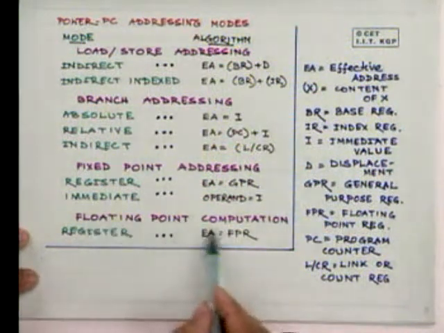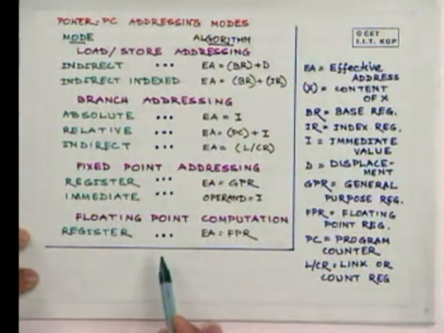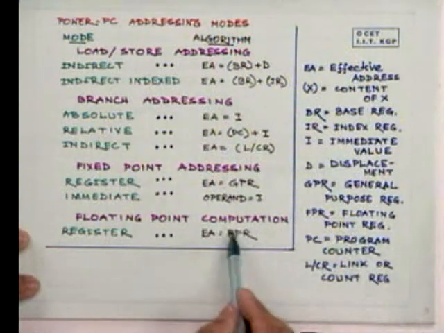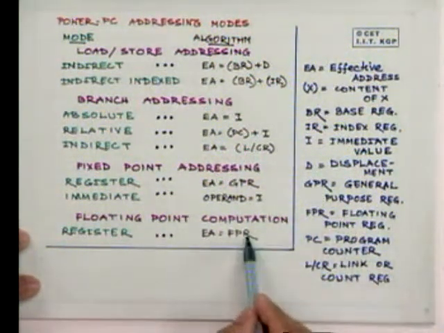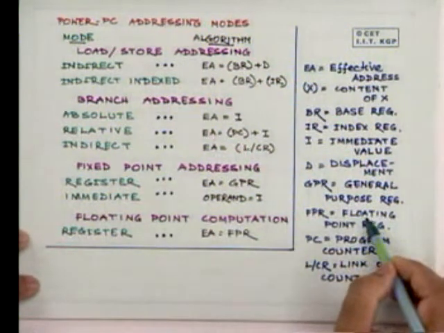Similarly, for the floating point computation, we have a floating point register, which is the effective address. That means the operand is in the floating point register itself.